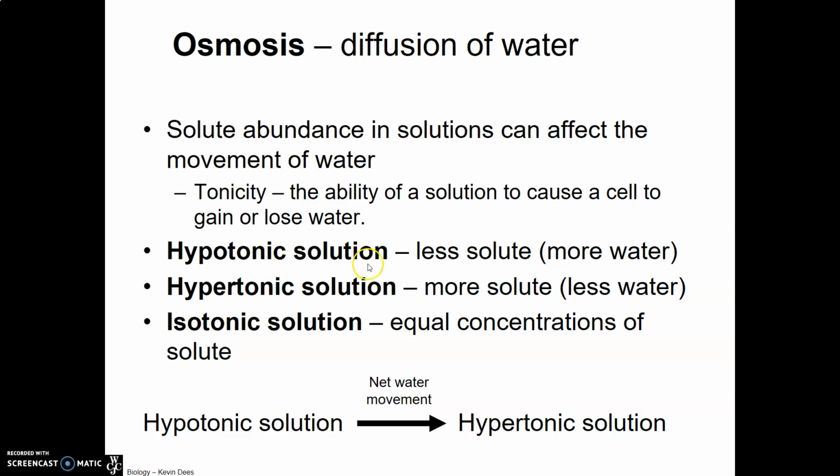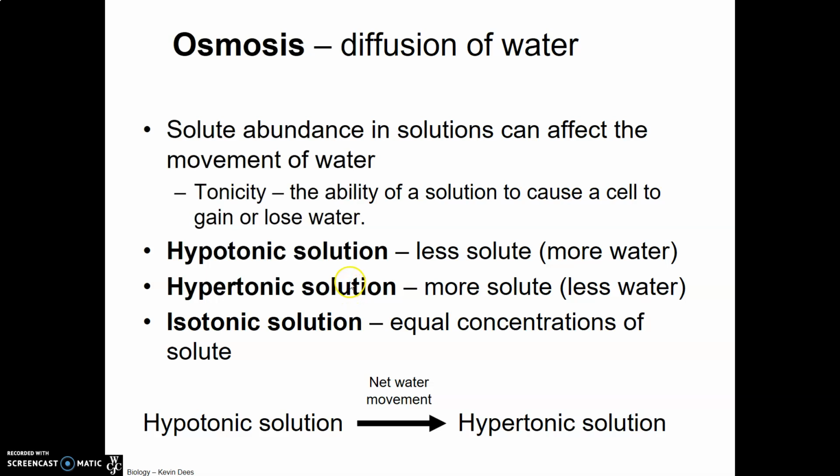So if a solution is going to contain less solute than another solution, we say that that solution is hypotonic. So hypo, the word root, means under, and tonic refers to the solutes. So hypotonic, less solute. Hypertonic, hyper meaning above, or more solute.